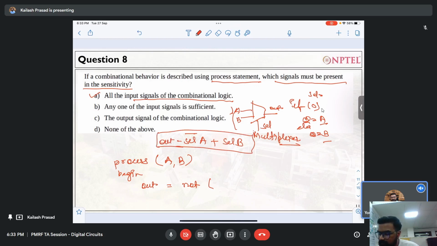We have discussed this and the AND operation here in various lectures, how you write the equation for a multiplexer.